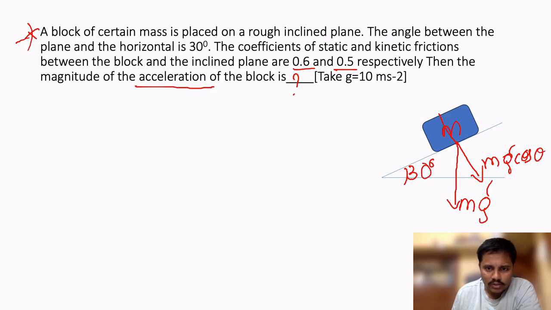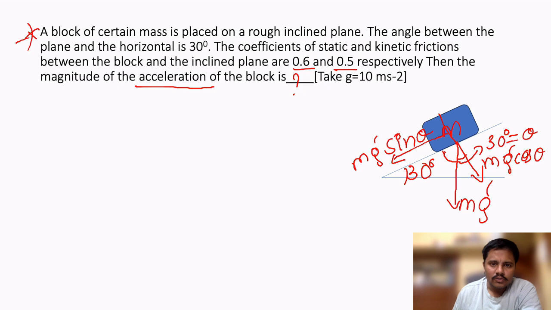Why mg cos theta? Because here the mg makes an angle of 60 degrees, and this angle becomes 30 degrees, which is equal to theta. So I can write mg cos theta here, and the force dragging it downward along the inclined plane will obviously be mg sin theta. Let us calculate mg sin theta as the force acting downwards.